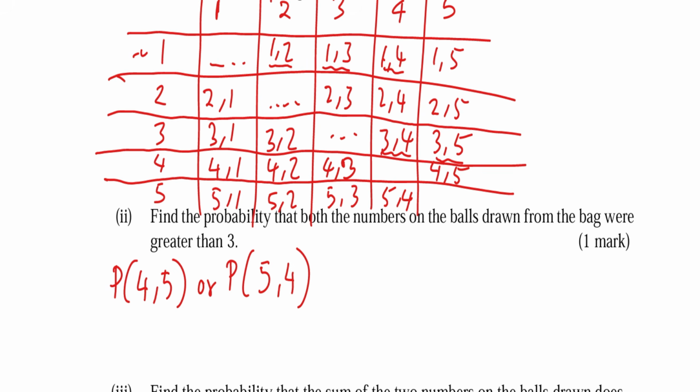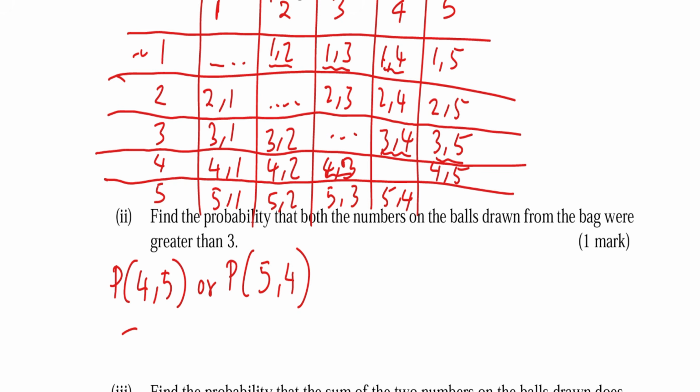All the others as well: 4,3 or 5,3, you'll find one of the numbers is not greater than 3. And here the question asked for both to be greater than 3. So the only chance is getting 4 and 5 or 5 and 4.